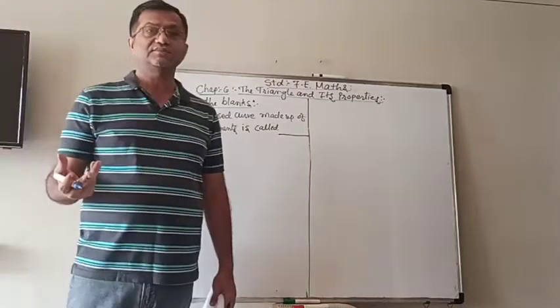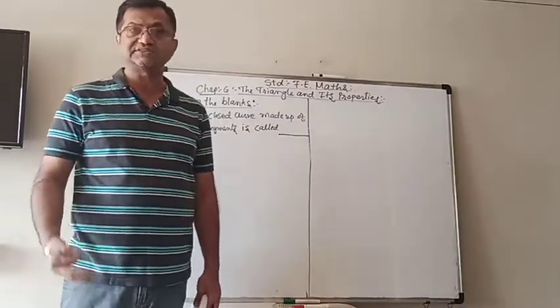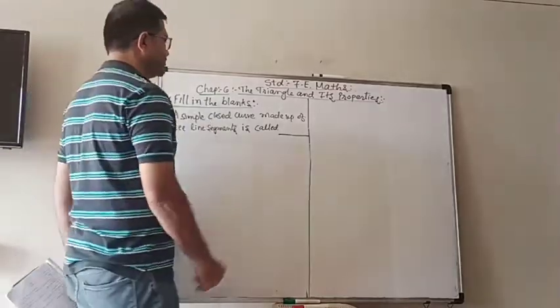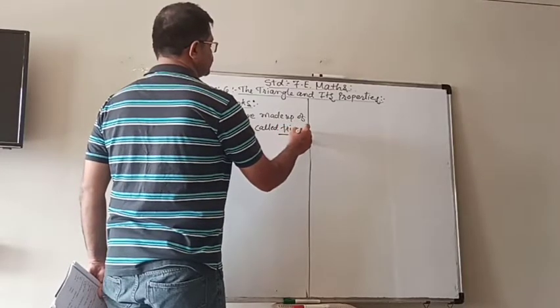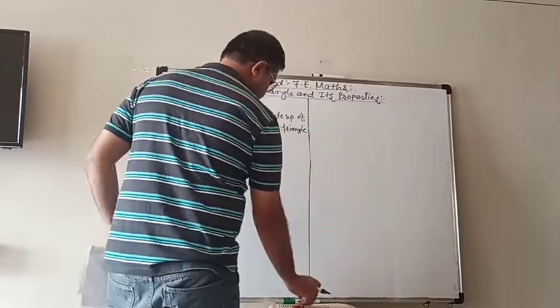So we know that a simple closed curve with only 3 sides, 3 line segments, what do you call it? Obviously triangle. So your answer is triangle.